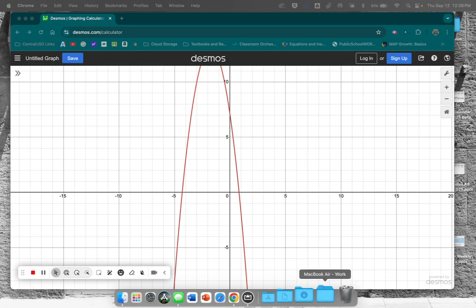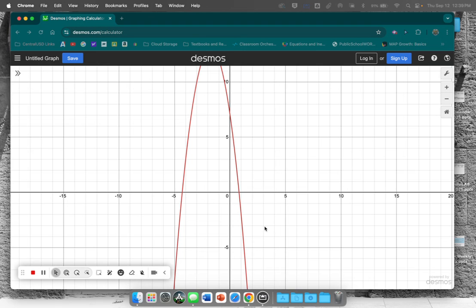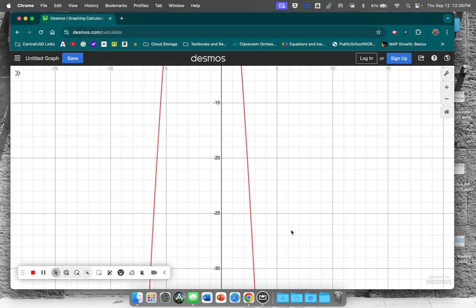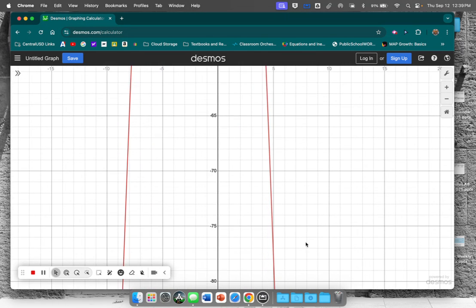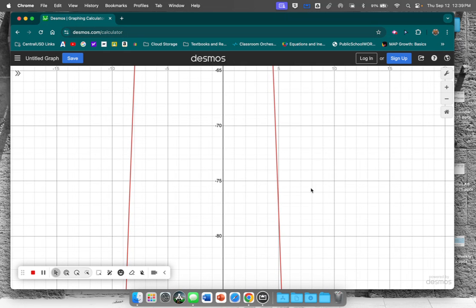So that means we have to figure out where the graph is when x equals 5. Way down here, right? Right there, because 5 is right here. So negative 70 something would be the y value.